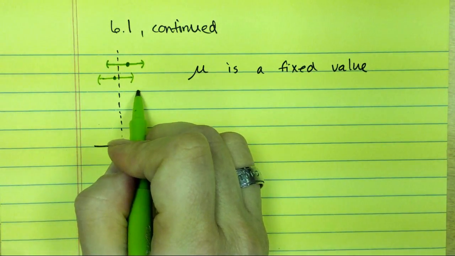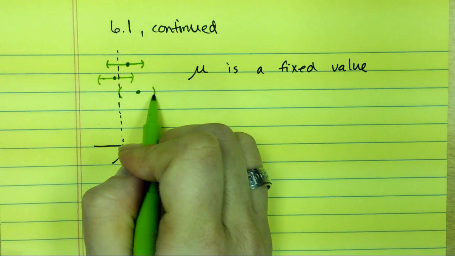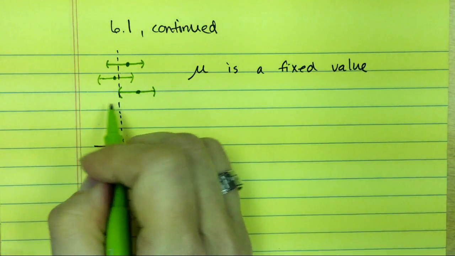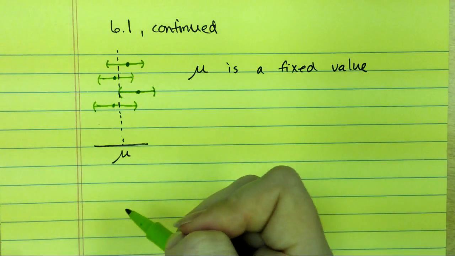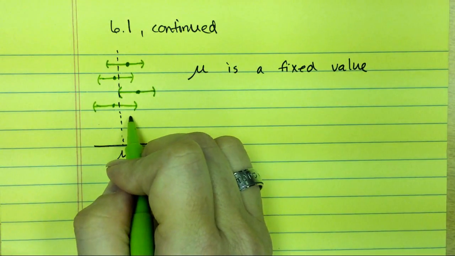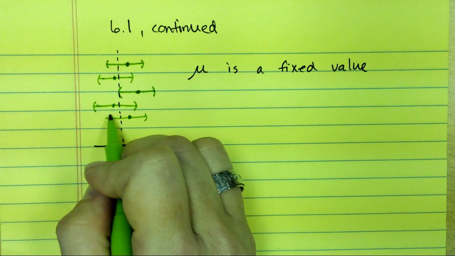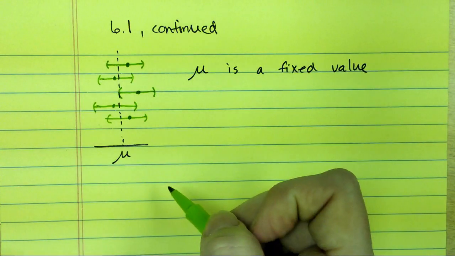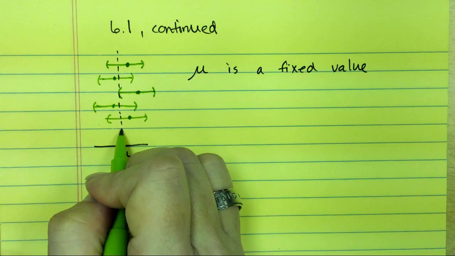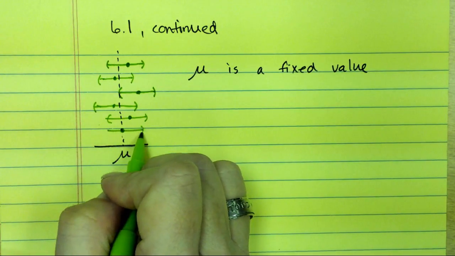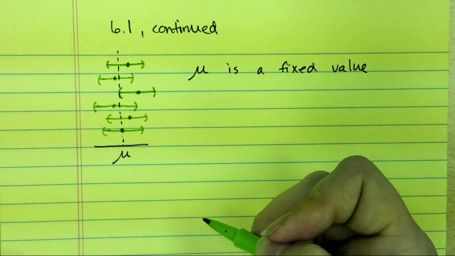Then I have another one up here and it barely captures mu, but it's still in there. And so I have all these different samples that I can create, pretend that's the same size, and they're almost all going to capture the actual population mean. Maybe one of them is right on the population mean.